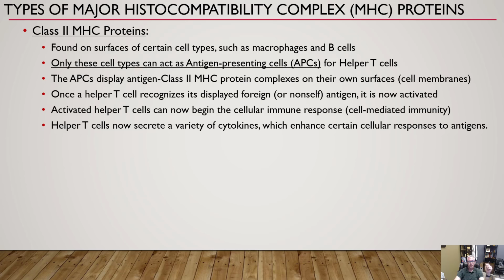So once the helper T cell recognizes that foreign antigen, it's going to be activated. And then once activated, we can do that cell-mediated immunity to secrete those cytokines, which is going to help do that cellular response.